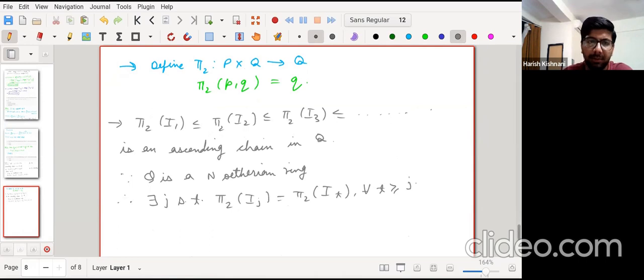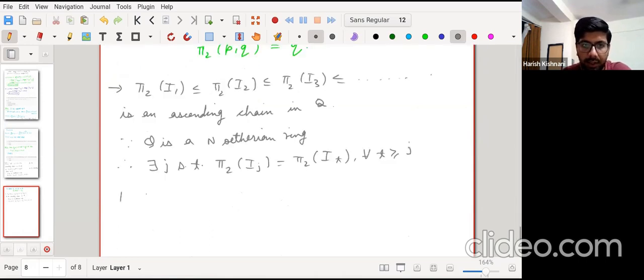So we can take the maximum of these two indices. Let k be the maximum of these indices.